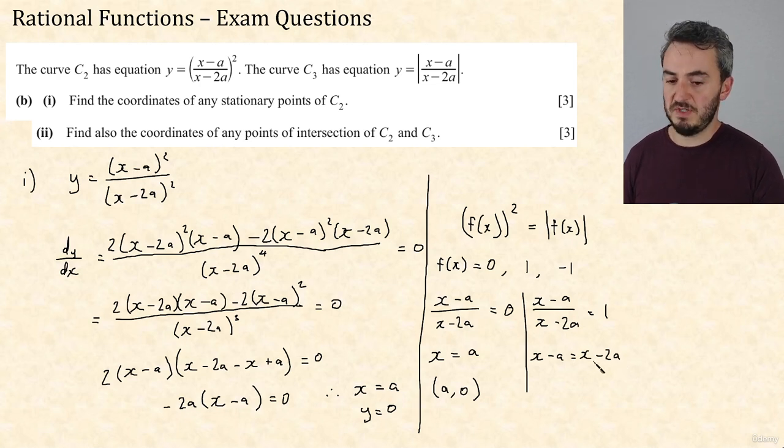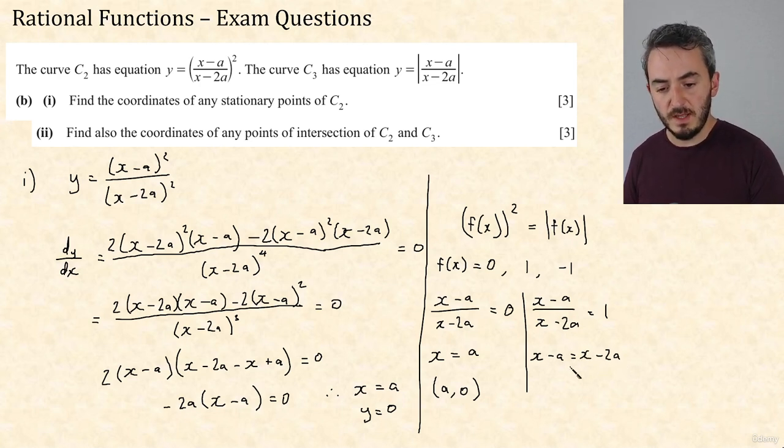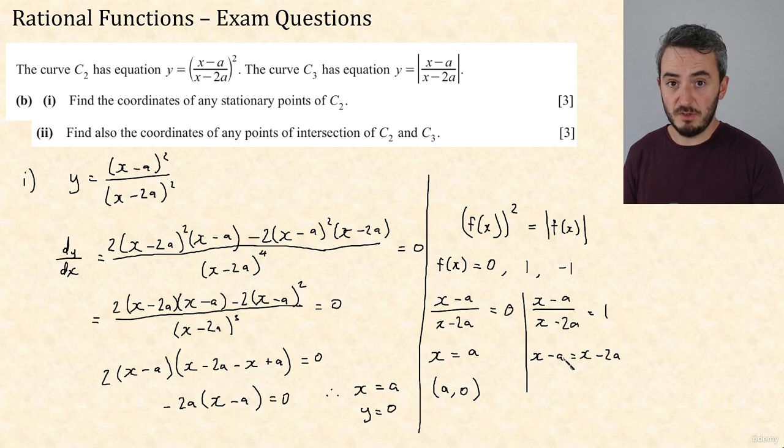And here we get a contradiction, because the x's cancel and I just get minus a equals minus 2a, which isn't true unless a is 0, but a is not 0. It's a positive constant. So that one is not true. We just don't get any points from that.